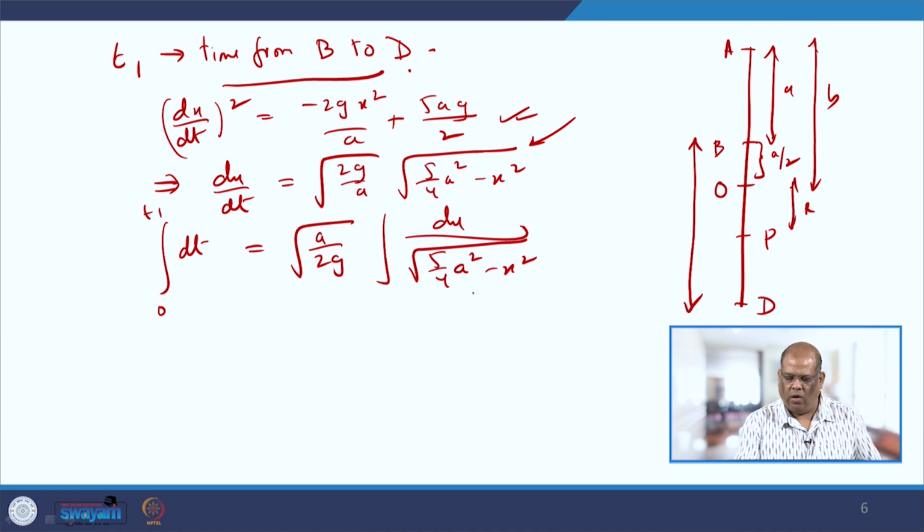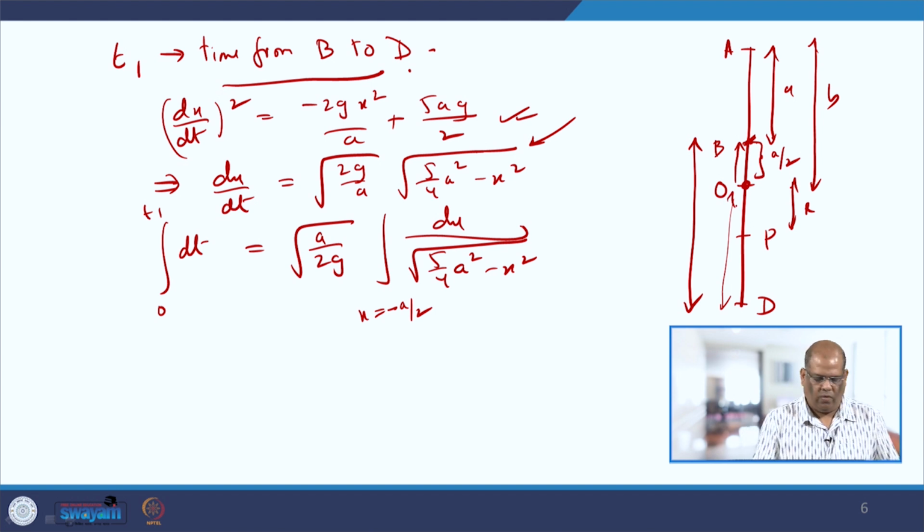Now, if I want to put the value of x, x is calculated from O, but it has started from B. So, this distance is a by 2, but since it is in the opposite direction, I have to take minus a by 2. And from here to here, I have already calculated that value, which is root 5 by 2 a.